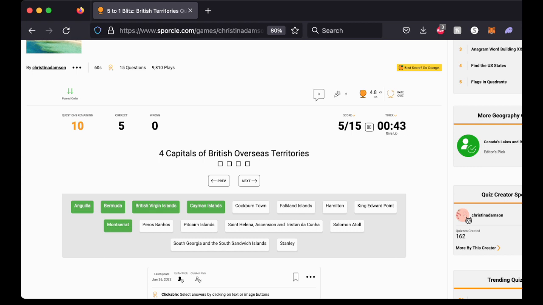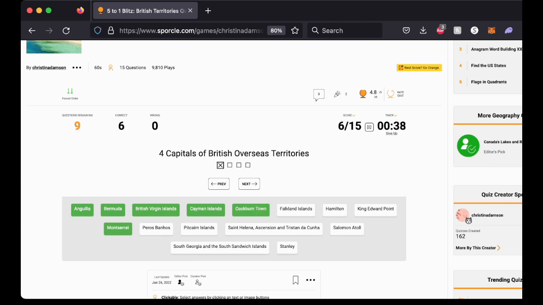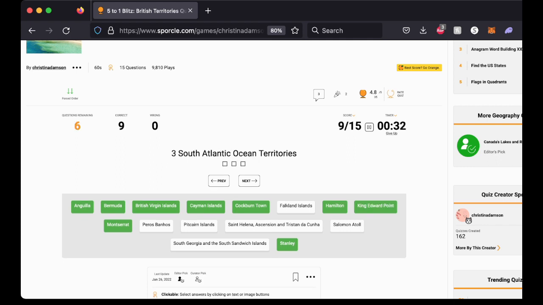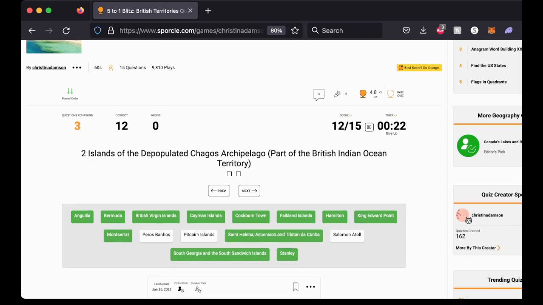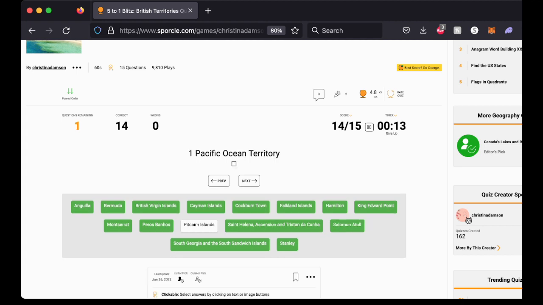4 capitals of British overseas territories, so that'd be Cockburn Town, Hamilton, Stanley, King Edward Point. 3 South Atlantic, so that'd be the Falklands, South Georgia, and then St. Helena. That's where Napoleon was sentenced. 2 islands in the depopulated Chagos Archipelago, that'd be Diego Garcia and the Salomon Atoll.